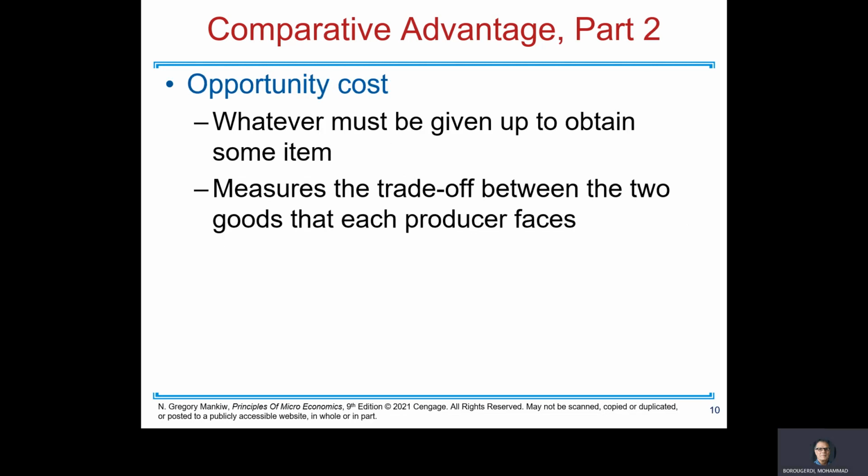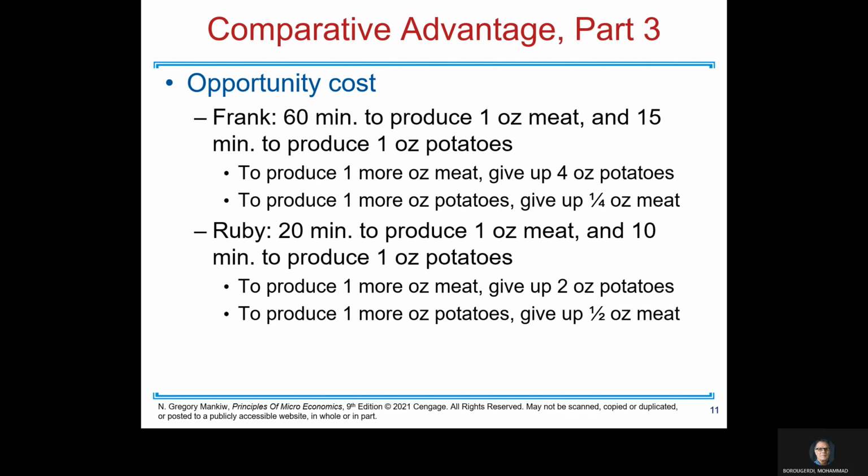To figure out competitive advantage, you've got to figure out the opportunity cost. Whatever must be given up to obtain something. Okay. Let's look at it here. What did Frank give up to make 1 ounce of potato or 1 ounce of meat?